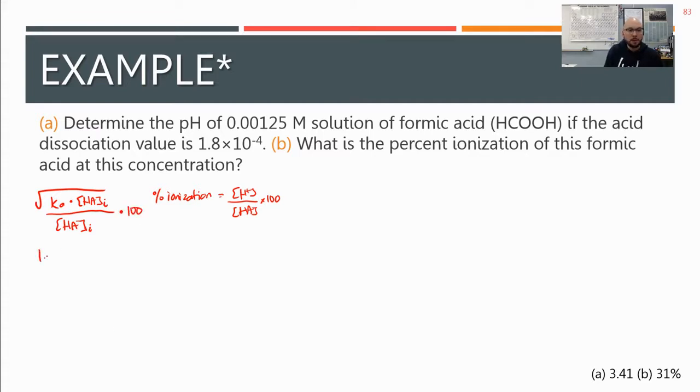So we take 1.8 times 10 to the negative 4 multiplied by 0.00125, the square root of that, over 0.00125, multiplied by 100. Now that square root only applies to the numerator, not the denominator. When we do this, we actually get a value of 37.94%.